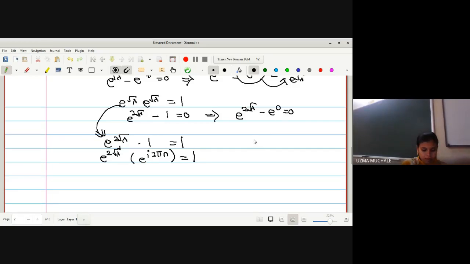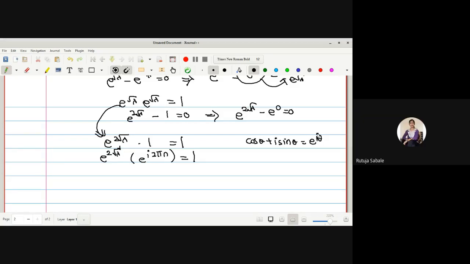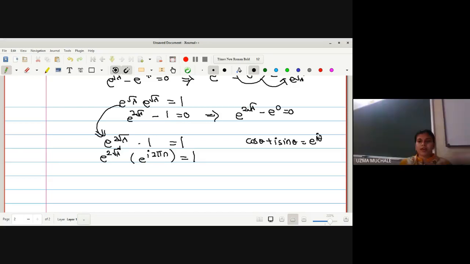Those who remember, cos theta plus I sin theta is nothing but e raised to I theta. Do you remember? Yes, ma'am. e raised to I theta is nothing but cos theta plus I sin theta. So now this one is nothing but e raised to I 2 pi n.